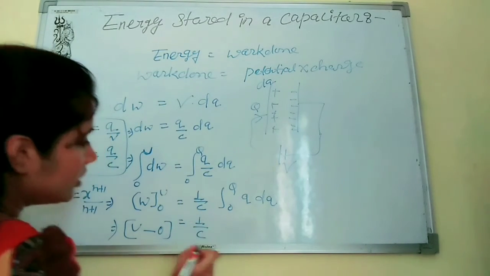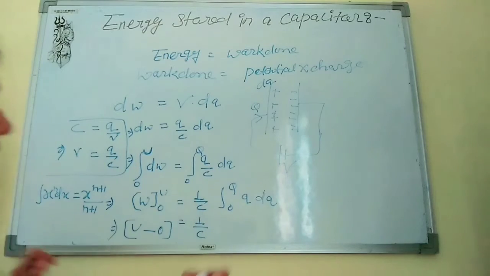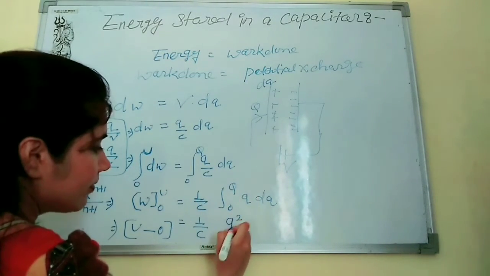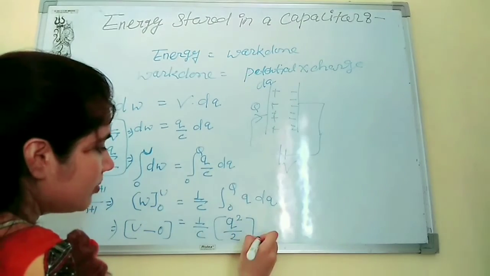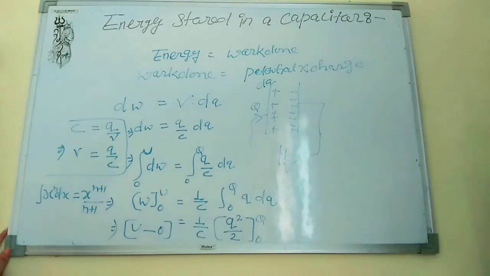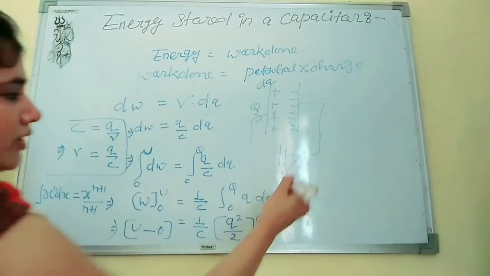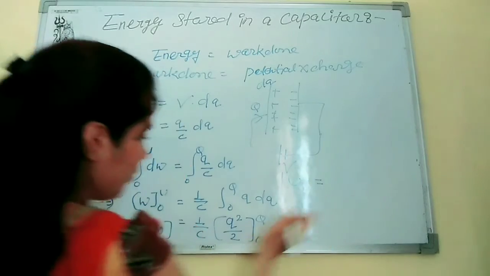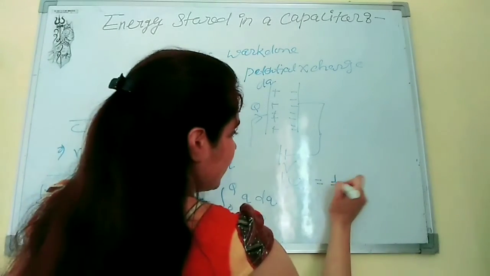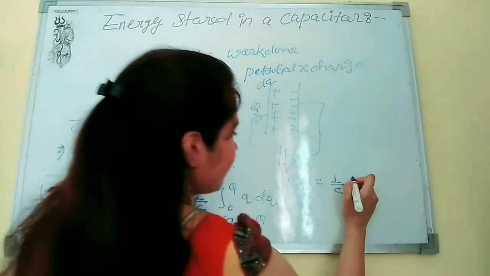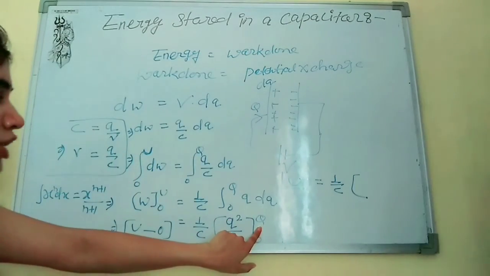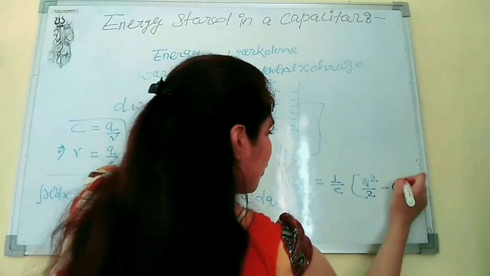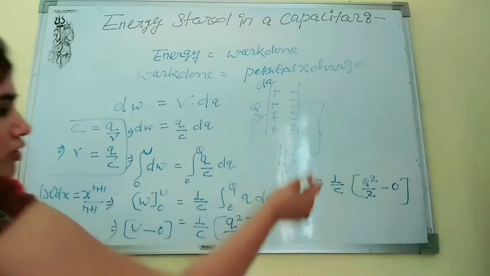that will be 1 by C, and the integration will become Q square by 2, and the limit will be 0 to Q. Now simply, this U minus 0 will become U, and this will be 1 by C, and here we will put the limit, that is Q square by 2 minus 0, because 0 square is 0.